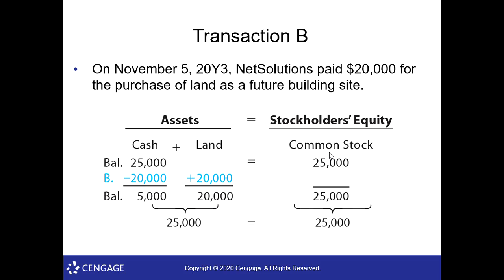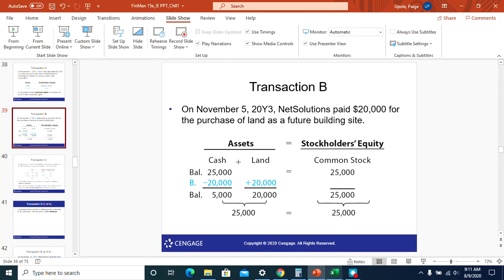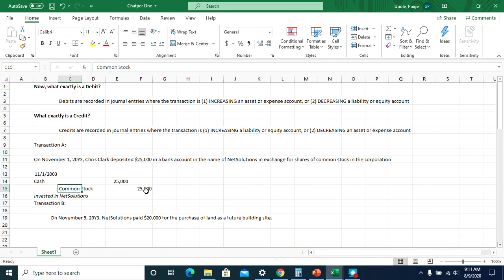So we know we are receiving land in exchange for cash. Cash is an asset. It's a resource our business uses to generate activity. Land is an asset. We're using it as a future building site that will help our business. So here we have a transaction impacting two asset accounts, cash and land. We're paying cash to receive land. So let's go ahead and record that in the form of a journal entry.